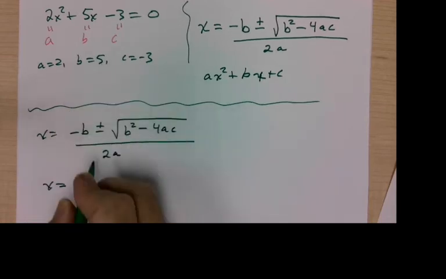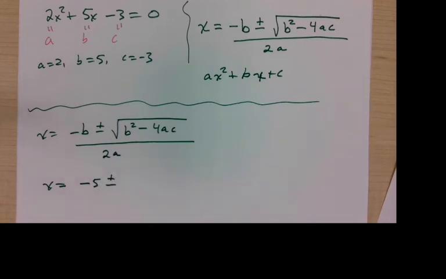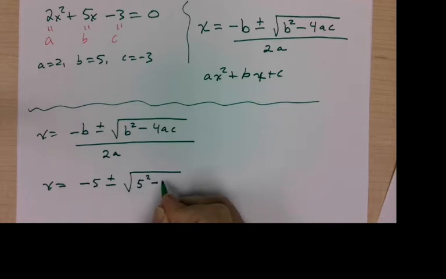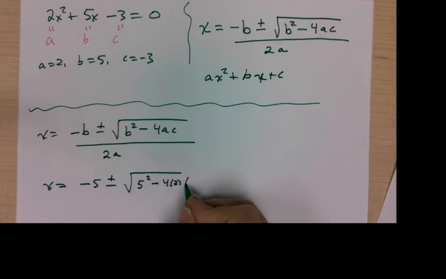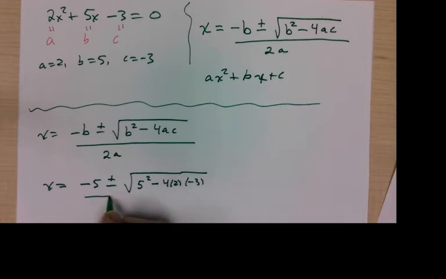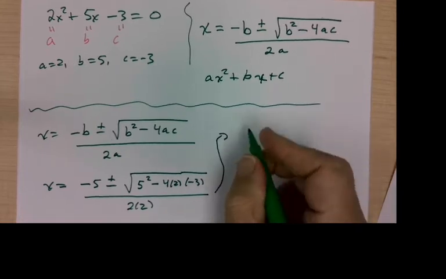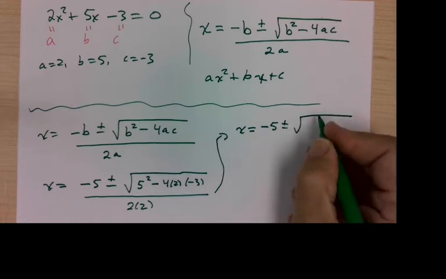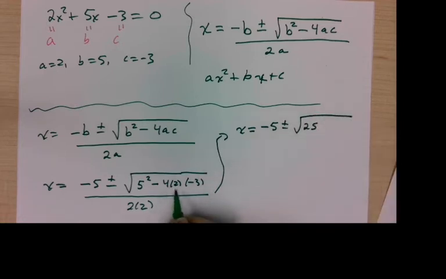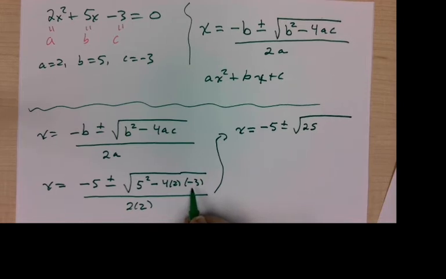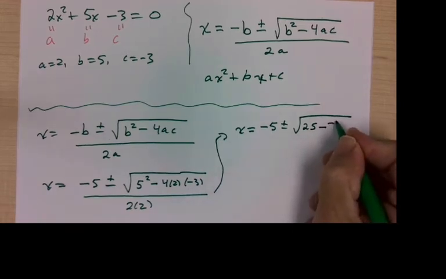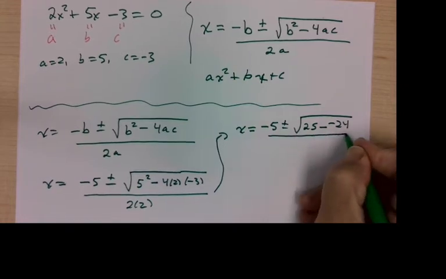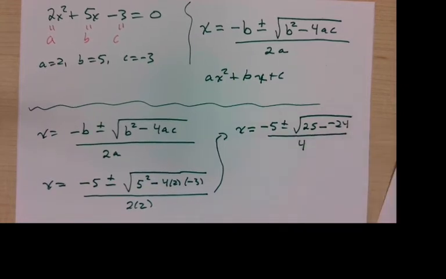So x is negative b, negative 5, plus or minus the square root of b squared, 5 squared, minus 4 times a, 4 times 2, times c, times negative 3, all over 2a, all over 2 times 2. So we get x equals negative 5 plus or minus the square root. 5 squared is 25. 8 times negative 3 is negative 24, minus negative 24. All over 2 times 2 is 4.